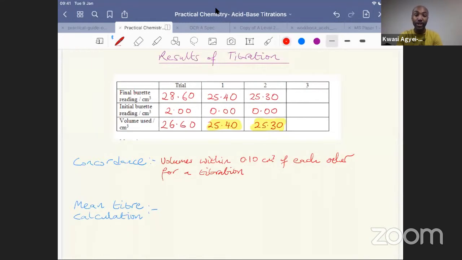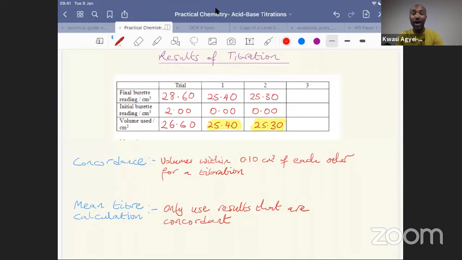Okay, and then what you need to do is carry out a calculation to find the mean titre volume. The mean titre volume can only be calculated using those results that are concordant. In the example above, our two results that are concordant are 25.40 and 25.30.